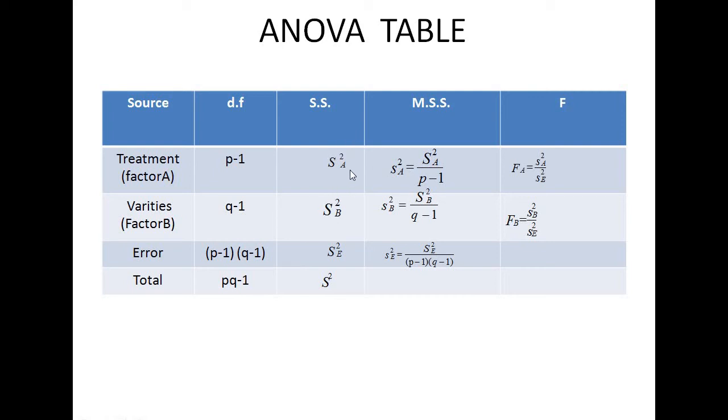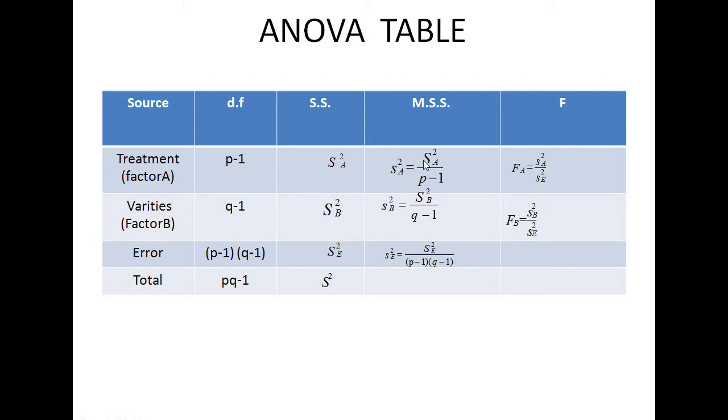Here the treatment sum of square is represented by capital SA square and varieties sum of square represented by capital SB square and error sum of square is represented by capital SE square and total sum of square is represented by S square.